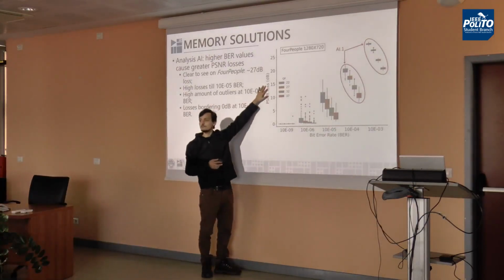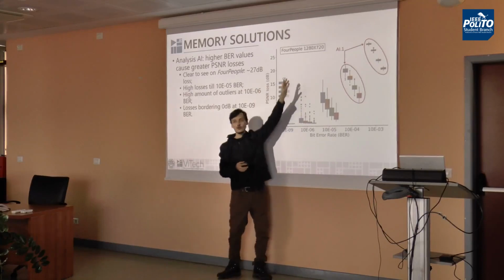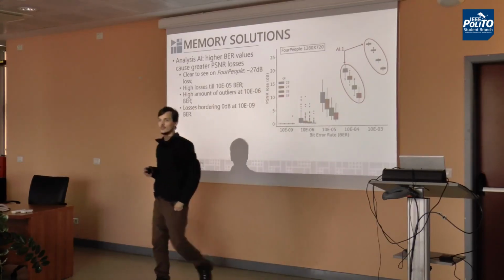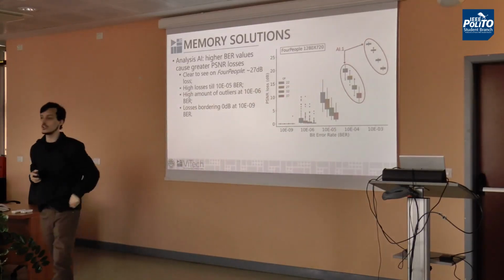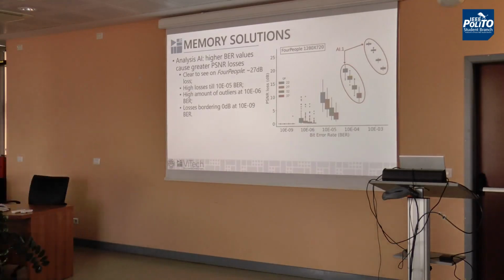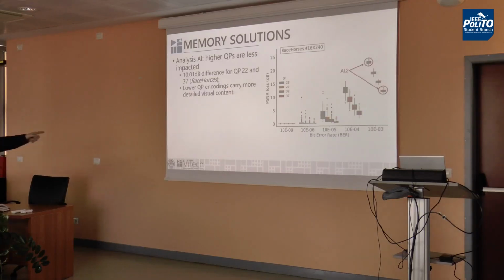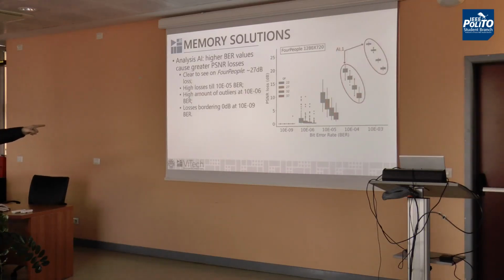This is the quality. The higher, the worse in this case, because this is quality loss, it's PSNR loss. This is not the best metric, but it's the easiest one to understand for now. As you move right, you are having stronger error rates, 10 to the -3. It's 1 bit flip for every 1,000 bits.